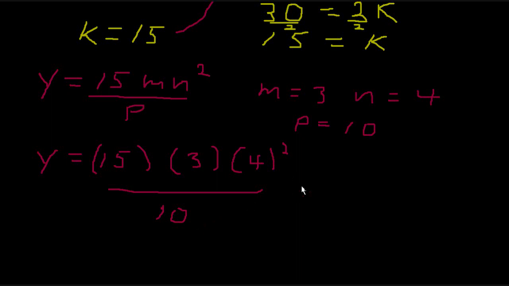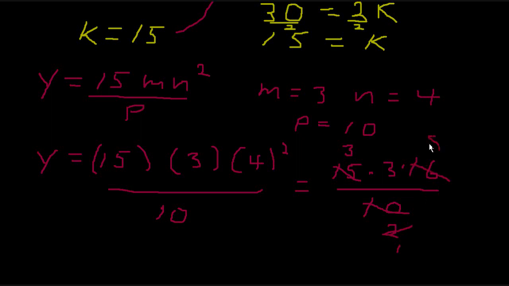Now it's just a matter of doing some simplification. We've still got 15 times 3 and 4 squared, that's 16. We're going to divide all that by 10. Let's see if we can do some canceling here. 5 goes into 10 twice, 5 goes into 15 3 times. How about 2 goes into 2 once, 2 goes into 16 8 times.